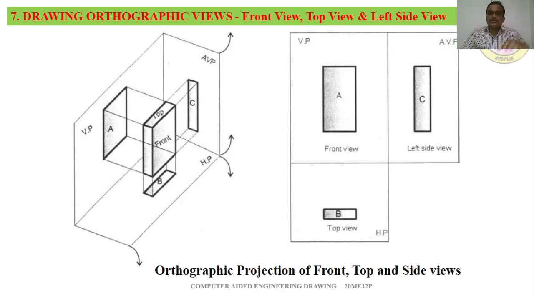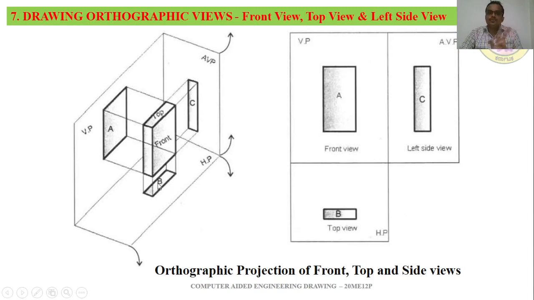And as I already told, in order to capture the top view, you have to see the object from the top end and give that projection on the horizontal plane. In this picture you can observe the word TOP, and if you view from that angle, you can see a rectangle which is projected as B on the horizontal plane.